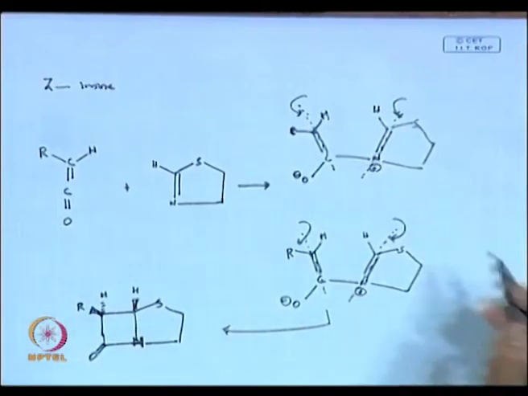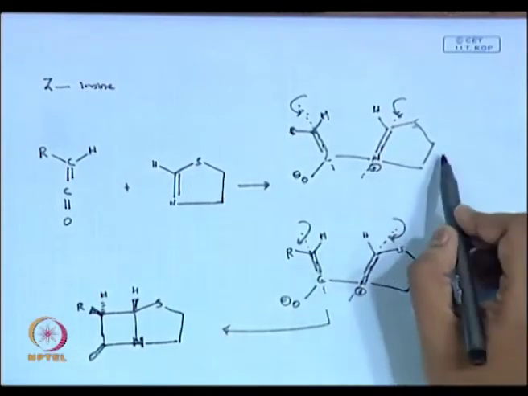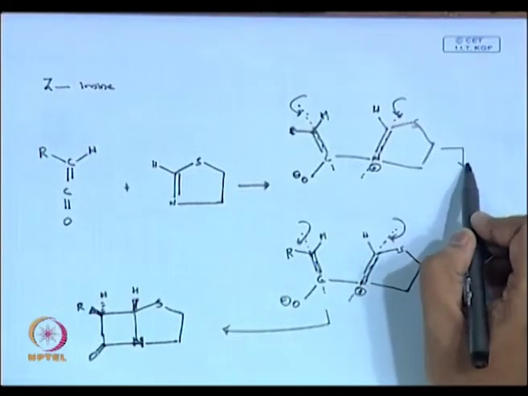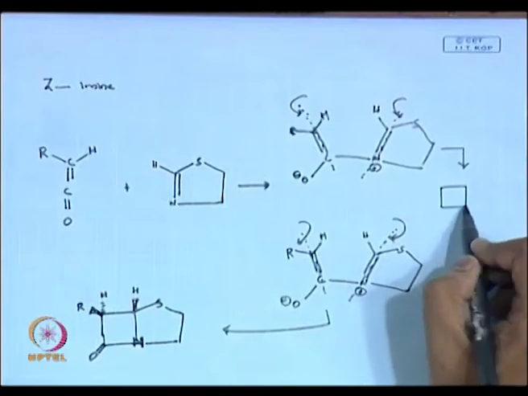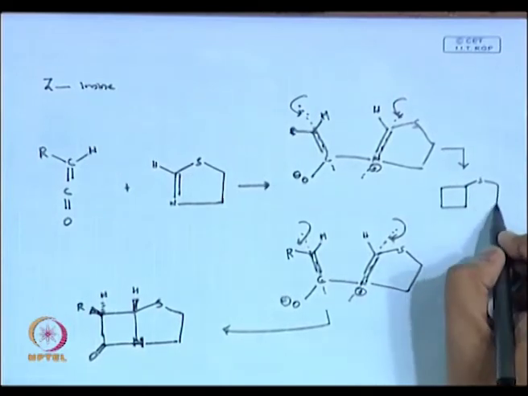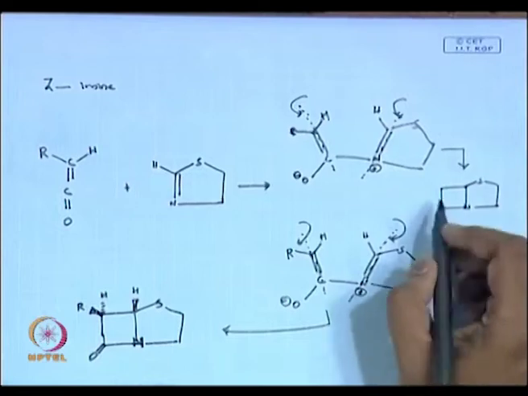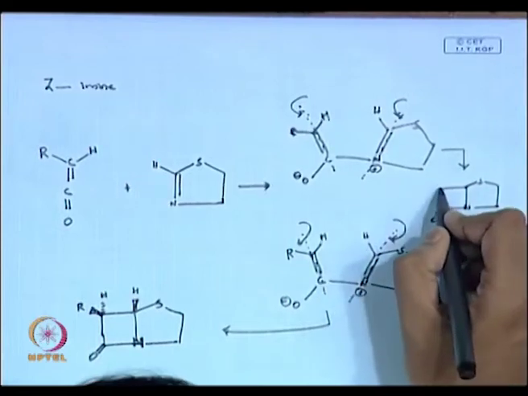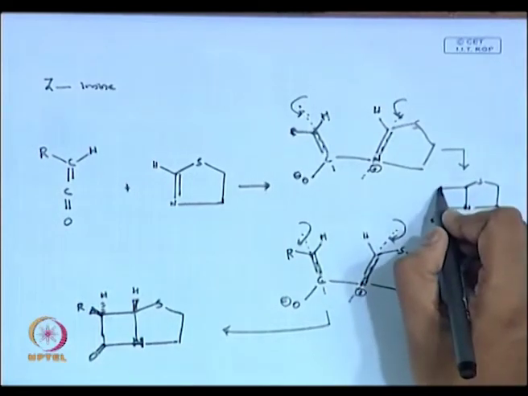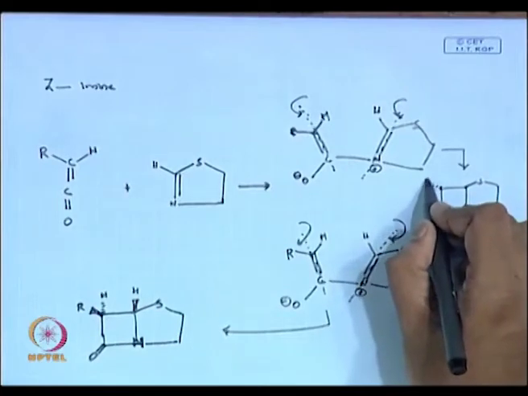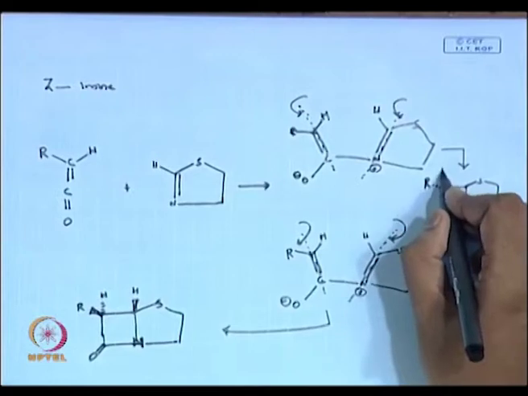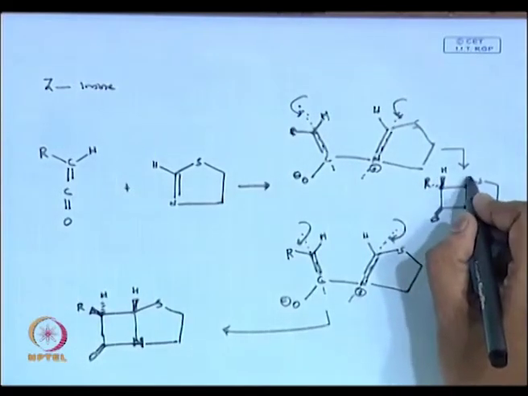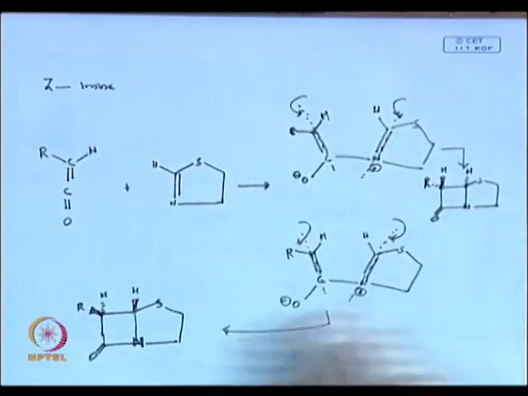Okay. In this case it will be a similar system, but R will be outside, away from you, hydrogen wedged, and this will be dashed, just the opposite one.